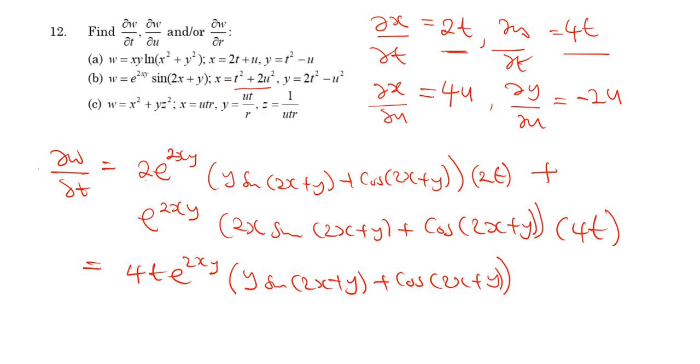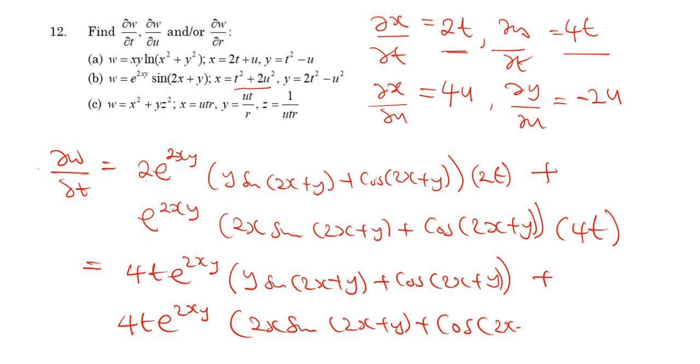Plus, of course, the 4t here is going to multiply with that, you get 4t e to the 2xy, then you have 2x sine of 2x plus y plus the cos of 2x plus y is going to come there.